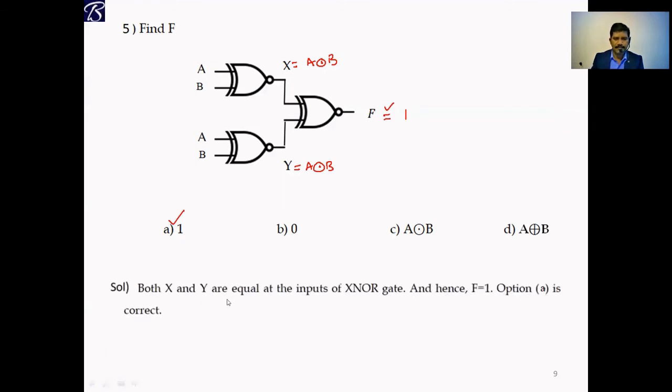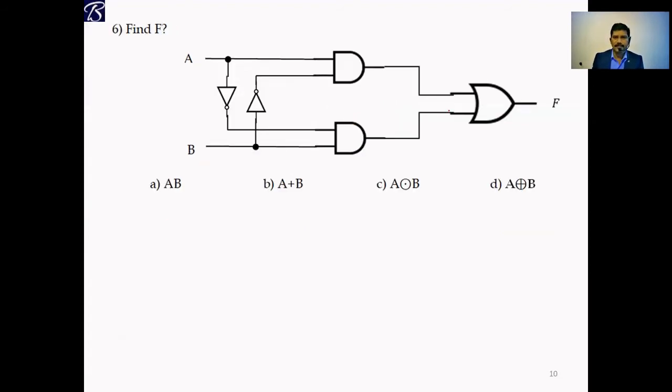Yeah, both x and y are equal at the inputs of the XNOR gate, and hence f equals 1. Option A is correct. Let us try to solve this problem. The inputs are A and B bar, so the output is A B bar.